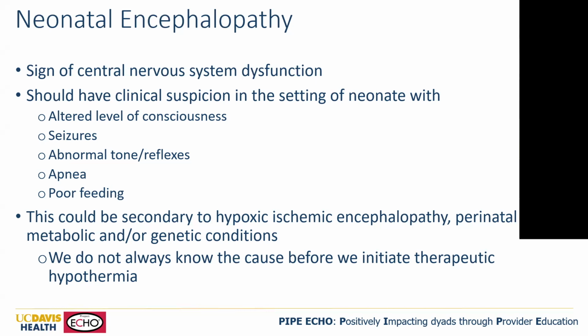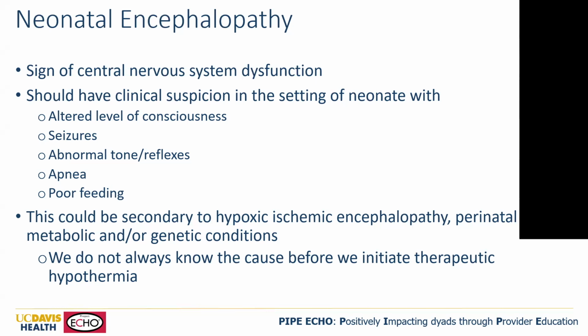So encephalopathy is the same as if we had encephalopathy in an adult, it just wouldn't be called neonatal. It's a central nervous system dysfunction. For babies, of course, who can't talk and explain to us that they're not well, we have to look at a variety of other things. We're going to see that they have altered levels of consciousness. They may demonstrate seizures or seizure-like activity, and we'll talk about that a little bit more.